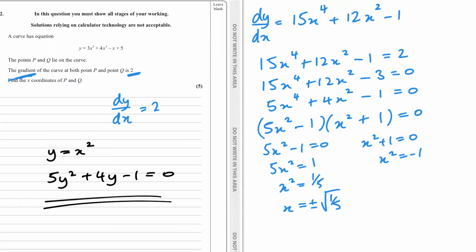I mean, I can in terms of imaginary numbers, but that's in further maths. So that I stop with. So we've got that our x is root 1/5 or negative root 1/5. Now we only need to define the x coordinate of P and Q, so we're done.